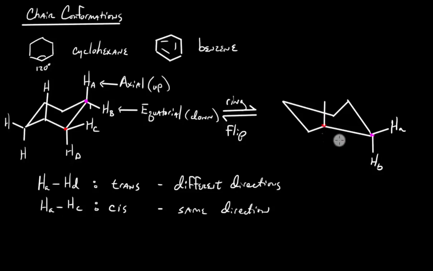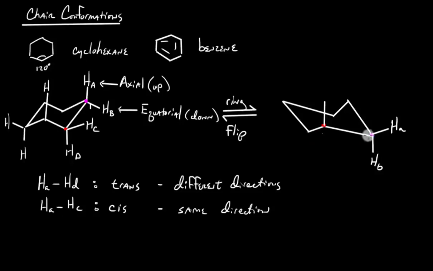Now, really quickly, how did I know to make this an axial up? The quick way around this is to think about this red carbon and its relationship between this white carbon and the pink carbon. The white and the pink are making this red carbon look like it's pointing in an upward direction. And so because of that, the axial position is going to be pointing in the same direction.